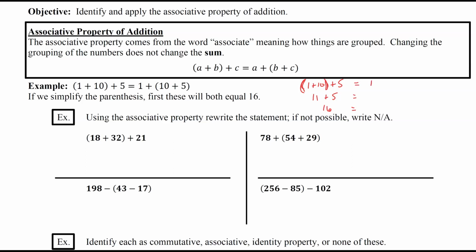So if I start with 1 plus the quantity 10 plus 5, that means I have to add the 10 plus 5 first. So 10 plus 5 is 15, and then add the 1, I do in fact still get 16. So even though we've grouped them differently and we started adding in a different spot, the result was the same. Okay.